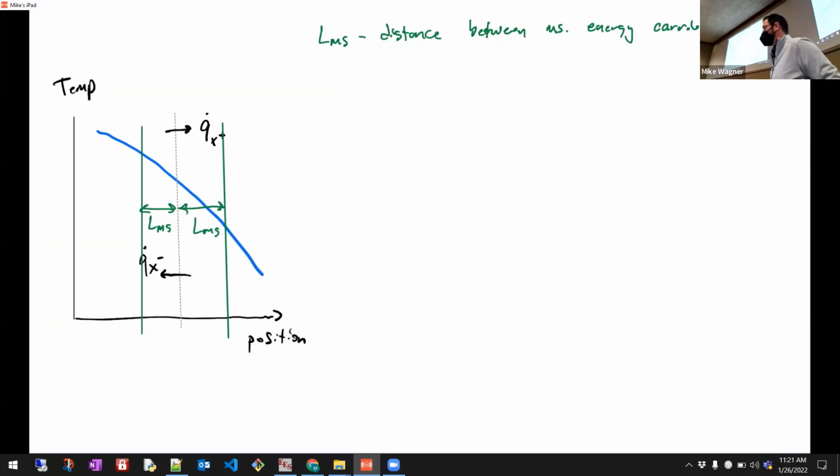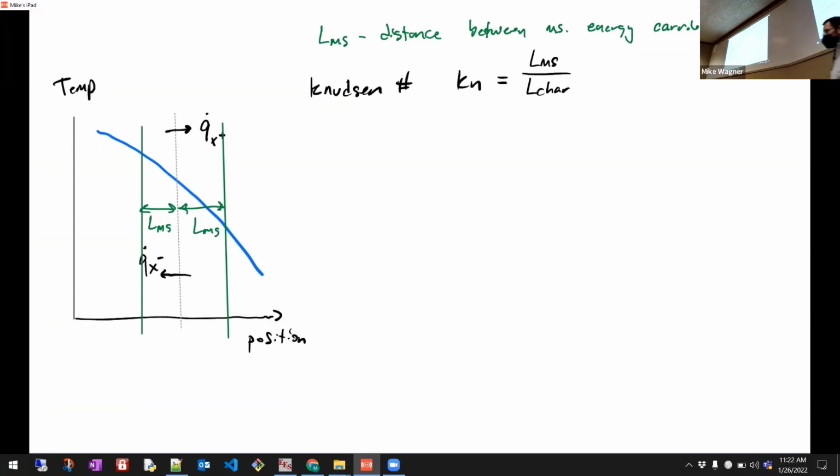Okay, but before we can decide how we actually get to Fourier's law, we need to decide that that distance is small enough. There's something called the Knudsen number, Kn. It's a measure of the fraction of the microscale length at which the energy interactions are happening to some characteristic length for the problem.